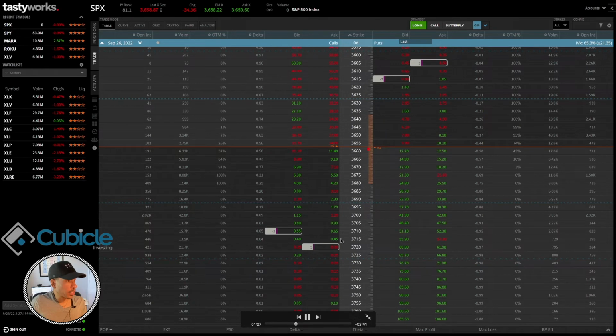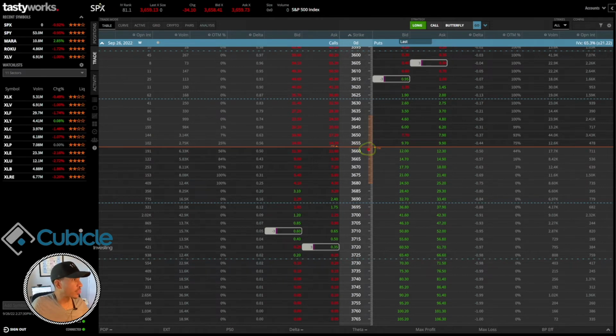Okay, so the trade is running, the recording is running. Again, the objective of this trade is for the price of the underlying, and the underlying is the SPX, to stay above my short strike on the put side of 36.15 and below my short strike of 37.10 on the call side.